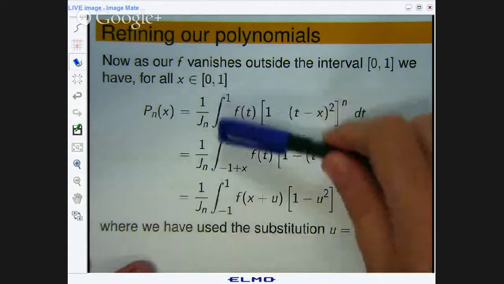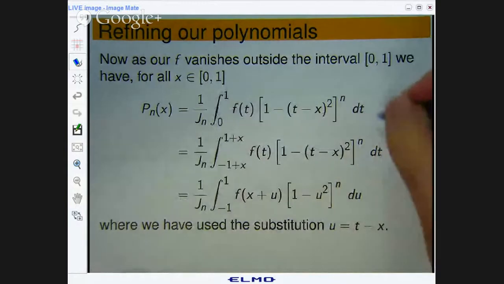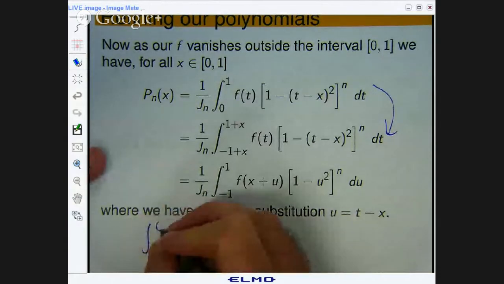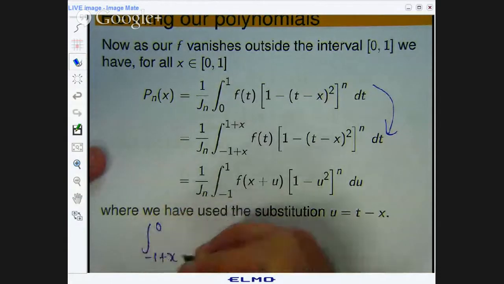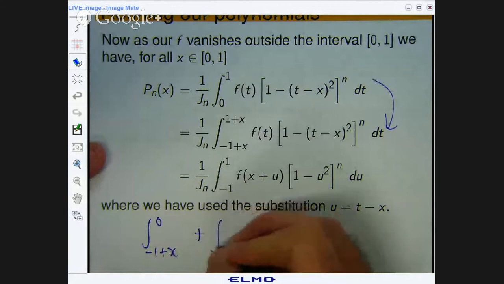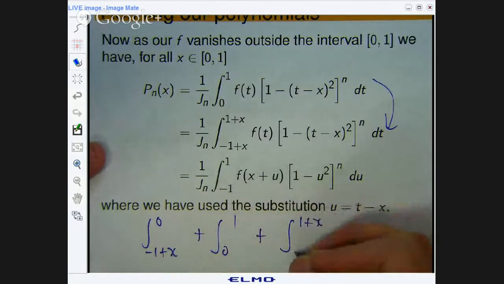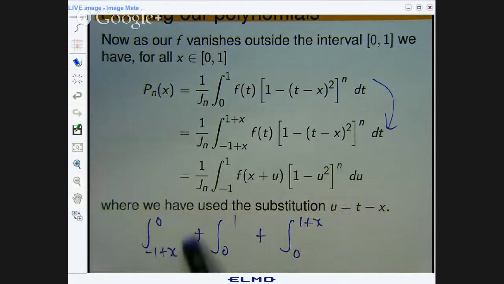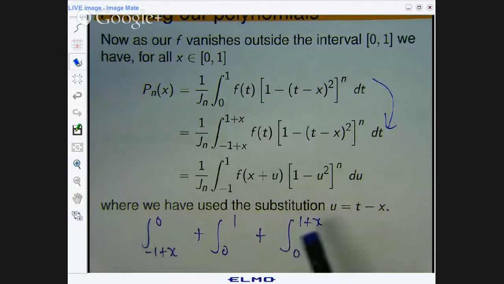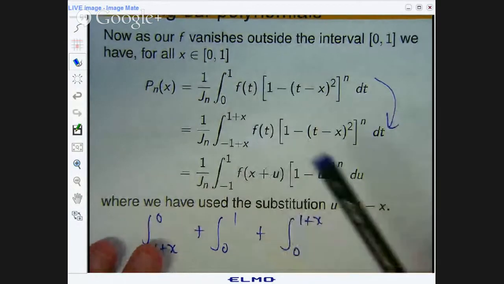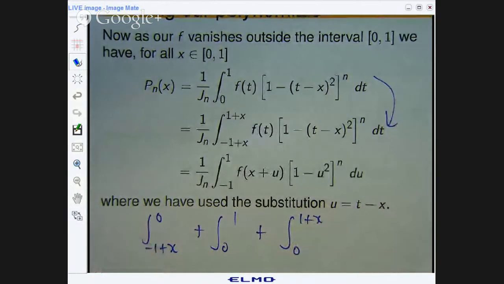From this line to this line, all we've done is written the integral in this way. Now in this interval f is 0, so you're not actually changing this at all. This is just so we can do a substitution in the next line and get a more usable form. So it's a little bit sneaky.